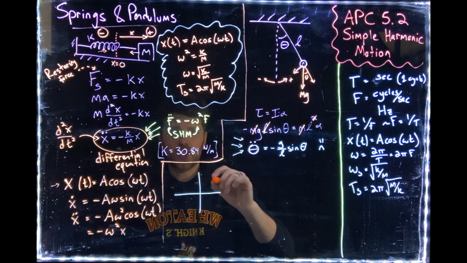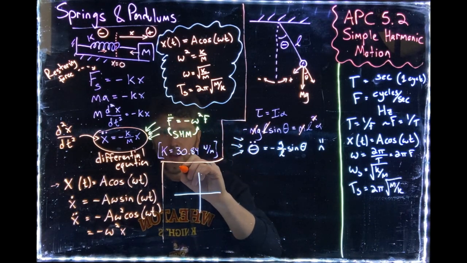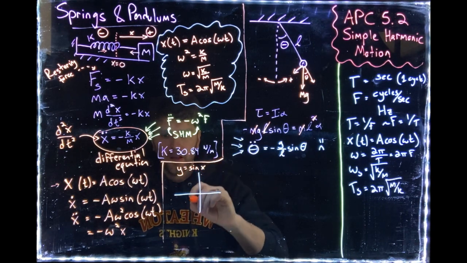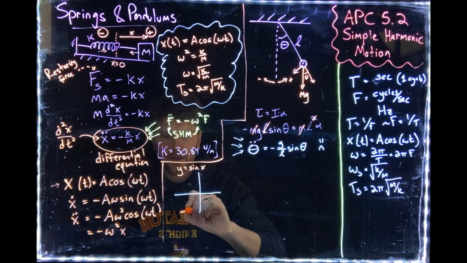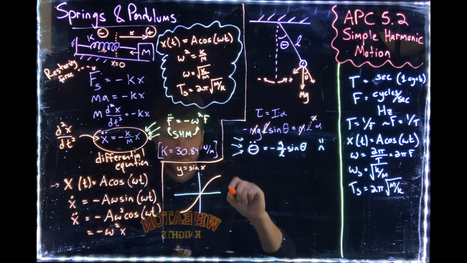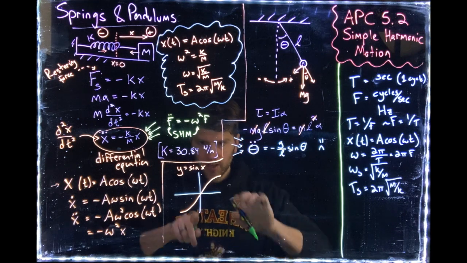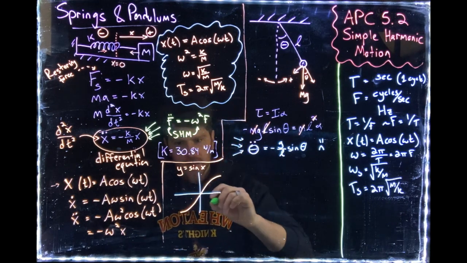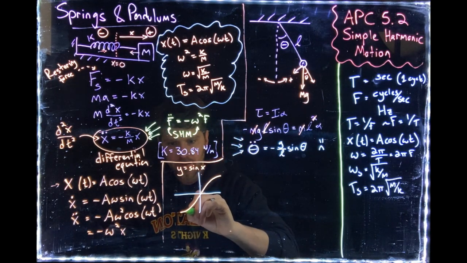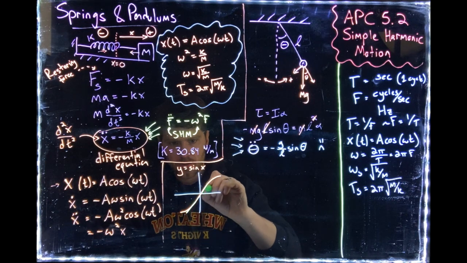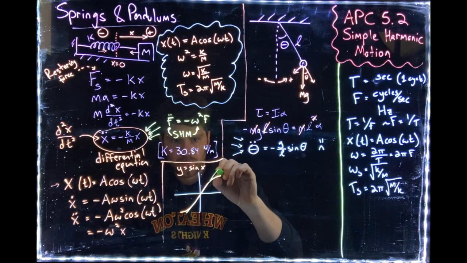If we look at the function y equals sine x, right around 0, it looks like this. And in fact, if I get quite close to 0, it looks pretty straight. And so I'm going to ask this question, what if I just assume it is straight?